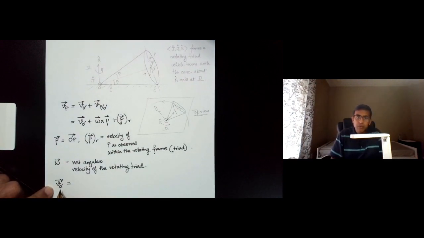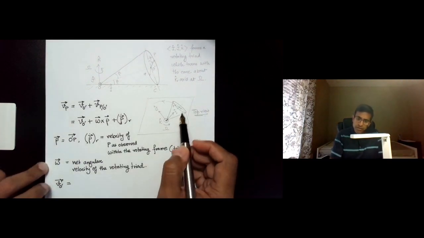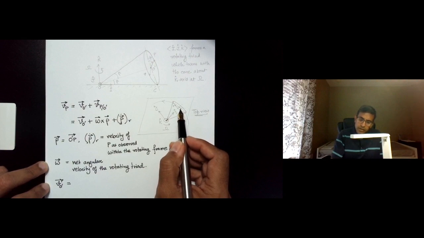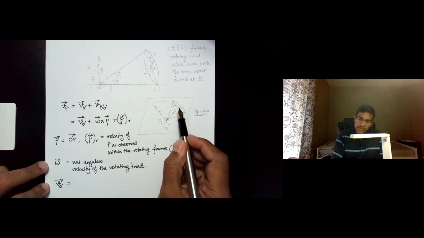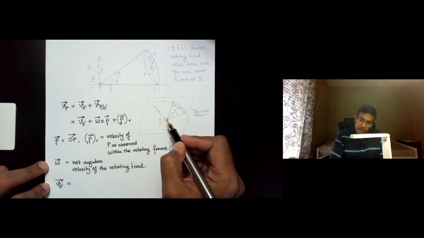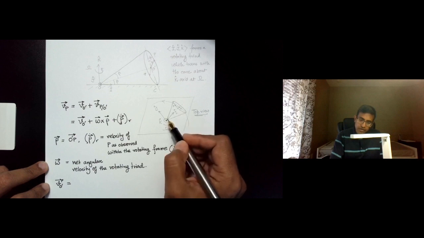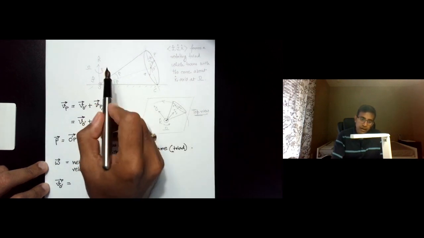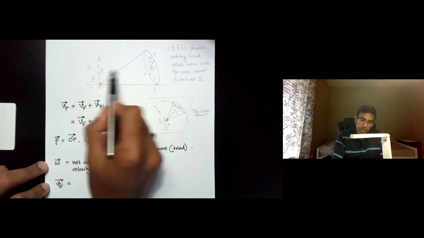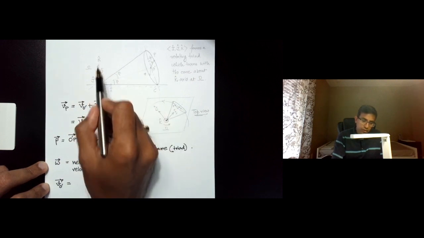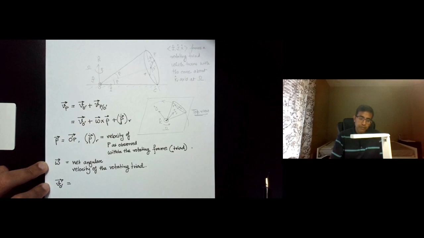So first we will find the velocity of O prime, and we can see from the top view that the point O prime is just going around in a circle. Okay, and so its path is circular, and the radius of that circular path is given by this perpendicular distance of O prime from the axis K prime.